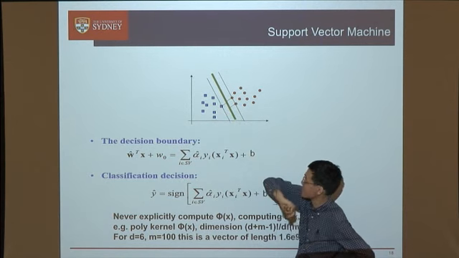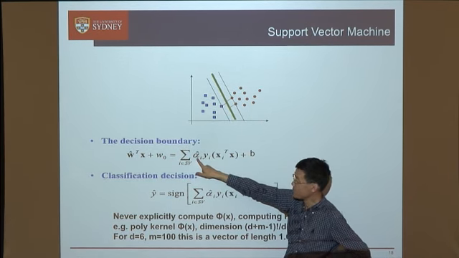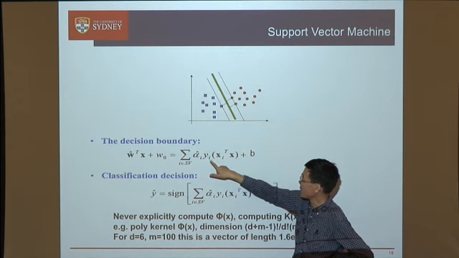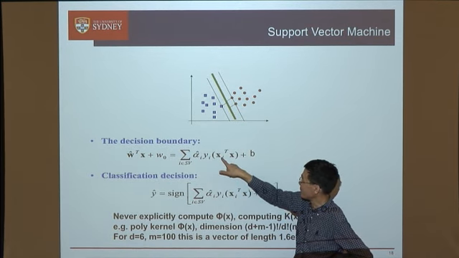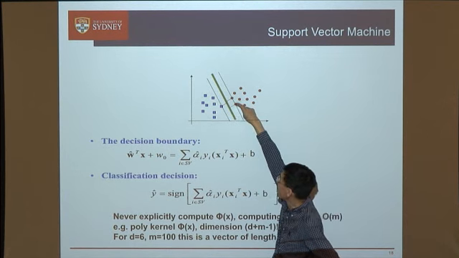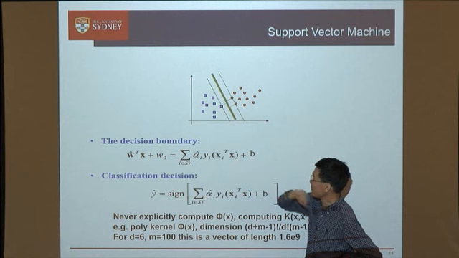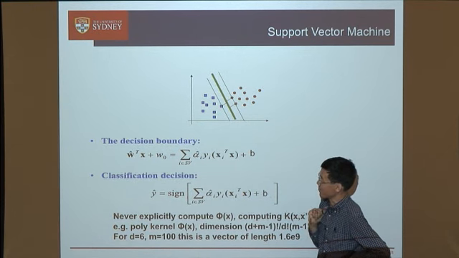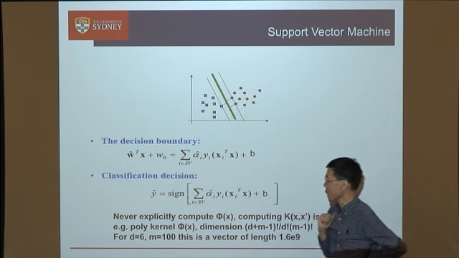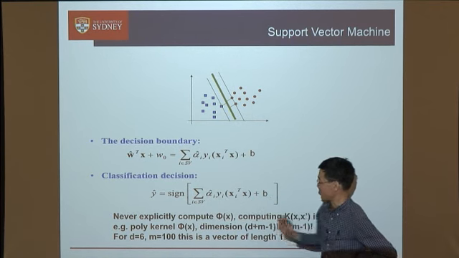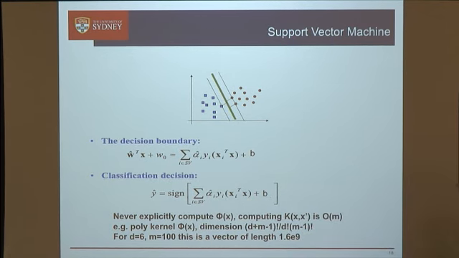There are only 3 in this example, of this weight times the output y_i, each of these points, dot product with the input plus an offset. Okay? And the decision y would just be the sign function of this line.